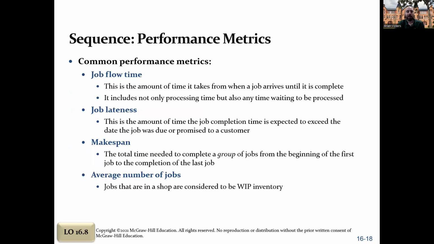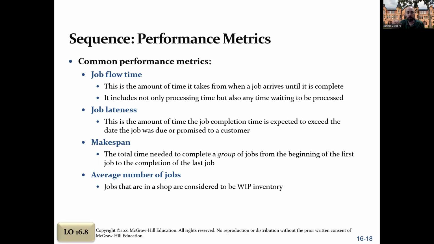Okay, if you're going to measure performance of processing to make a decision on whether to choose SPT or EDD or whatever your main sequencing rule is, you could look at which one has the shortest job flow time, meaning on average, from the time a customer comes in to the time it's complete, or a job is started to the time it's finished.